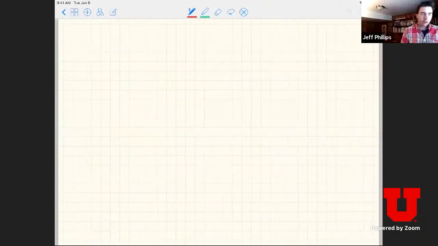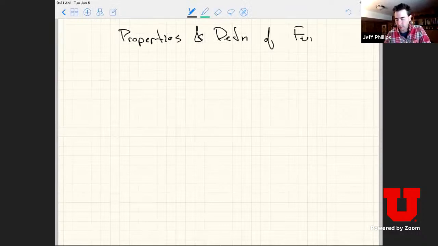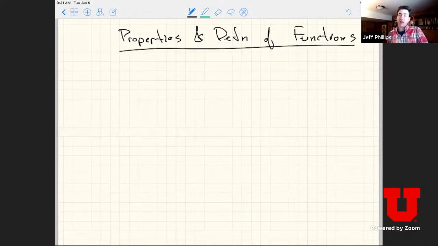So the next part of the lecture is going to be a bunch of definitions needed to formalize this. We're going to talk about some properties and definitions of functions, but I'm going to take more of a geometric view of this and not a calculus-first view. You may have seen a calculus-first view before.